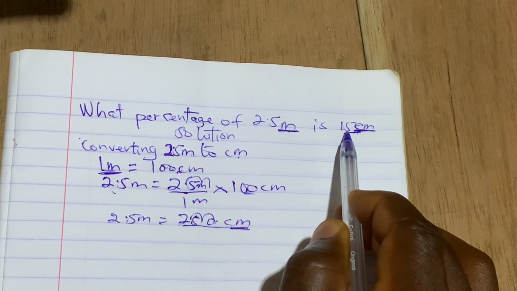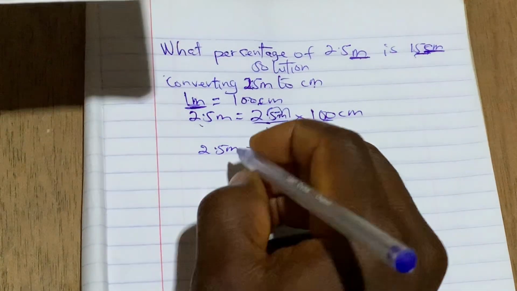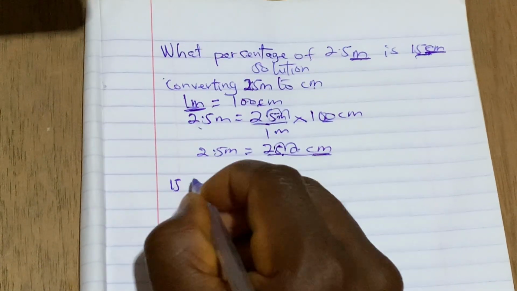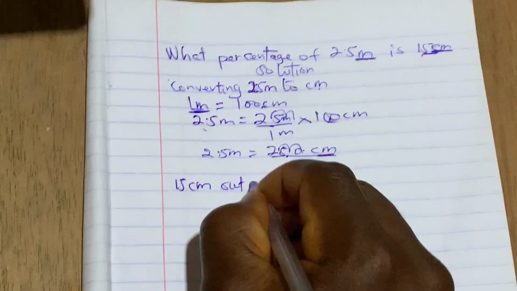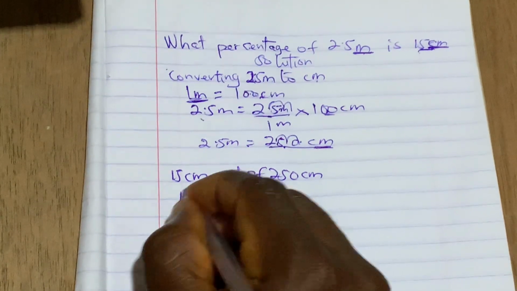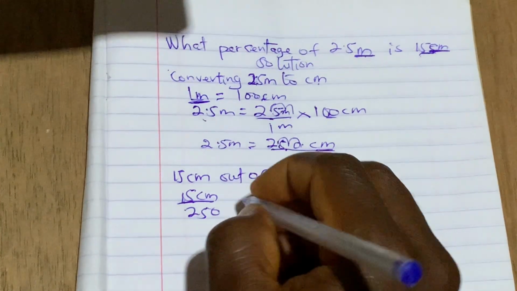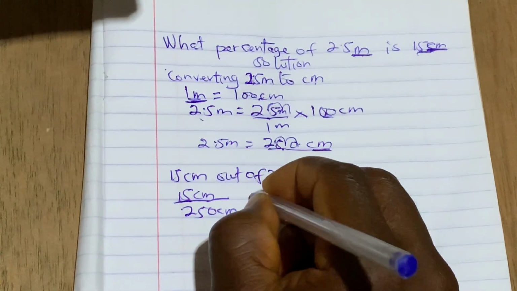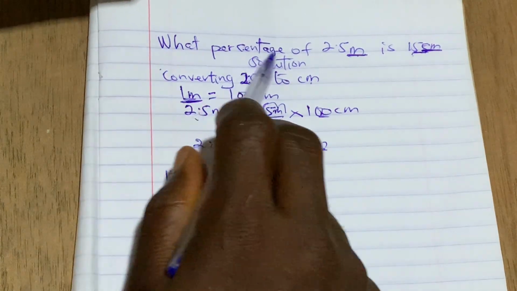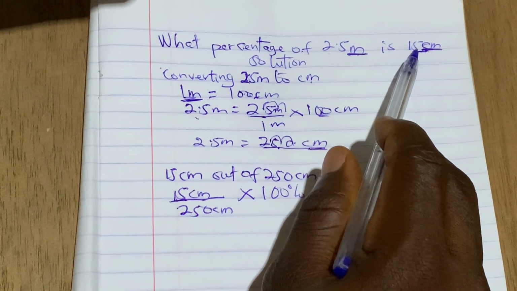So we are going with 15 centimeters out of 250 centimeters, expressing that in percentage. What percentage of 2.5 meters is 15 centimeters?